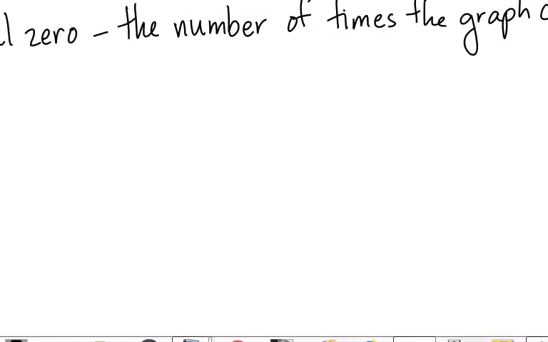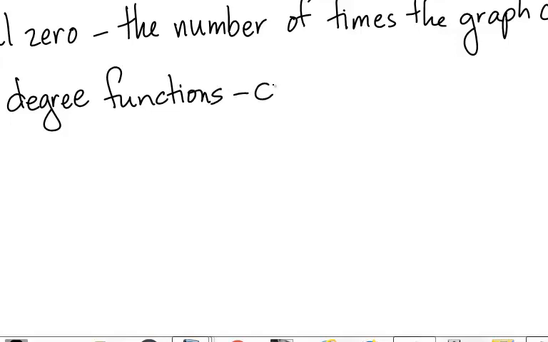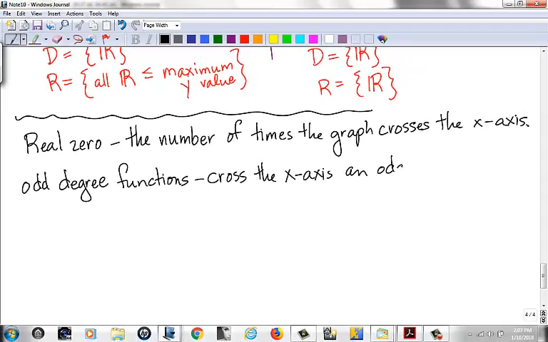Odd degree, and we've already basically said it. The odd degree functions cross the x-axis an odd number of times. So if it's an odd degree, it's going to cross the x-axis like 1, 3, 5, 7, an odd number of times.